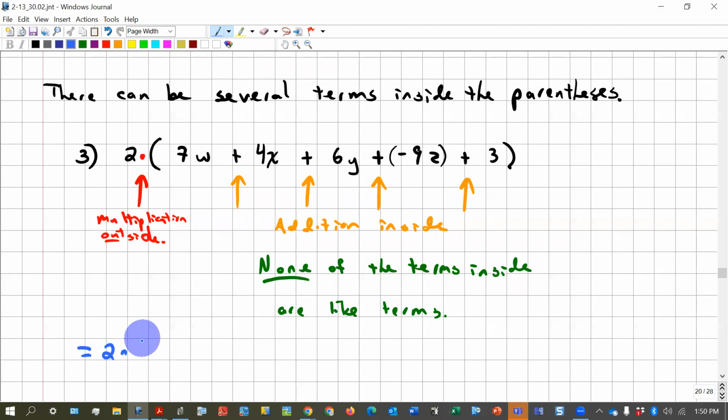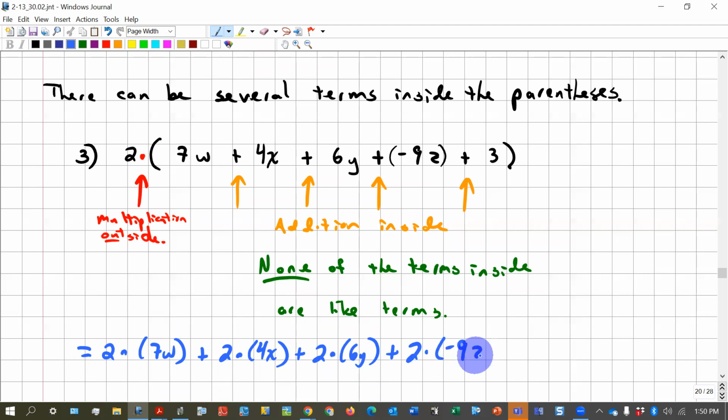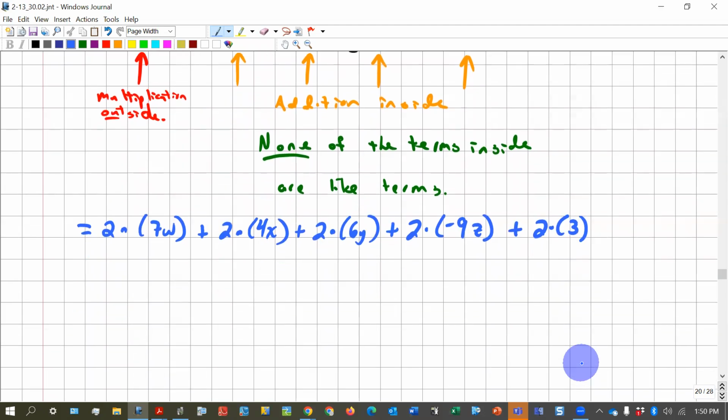So 2 times 7w plus 2 times 4x plus 2 times 6y plus 2 times negative 9z plus 2 times 3. And each of those multiplications we can do by using the associative property in our head. 2 times 7 times w is 14 times w, and we can just write 14w.